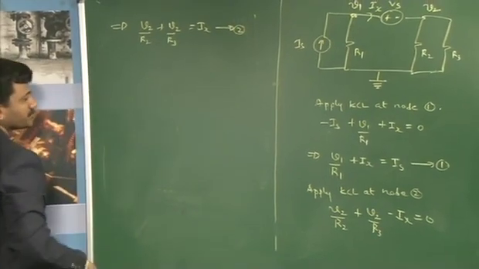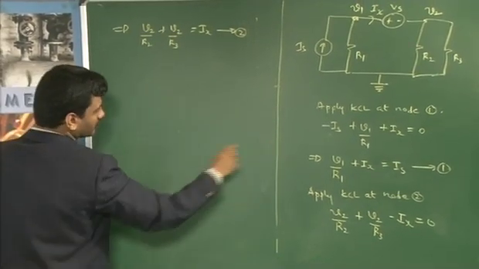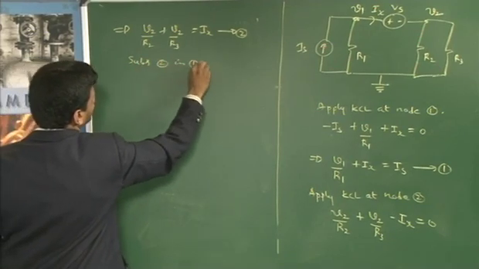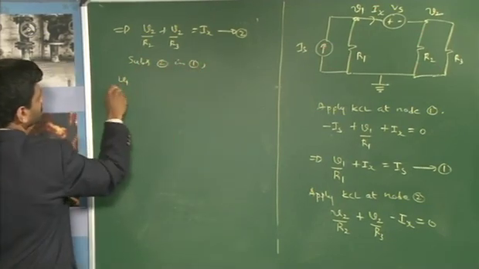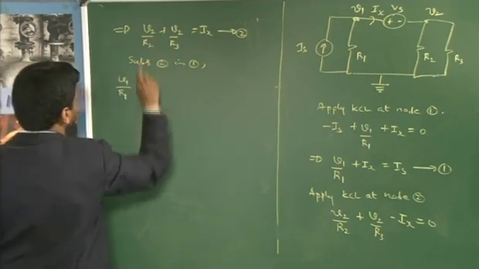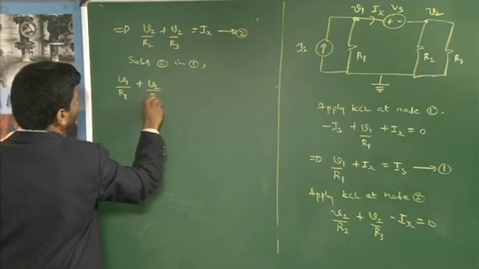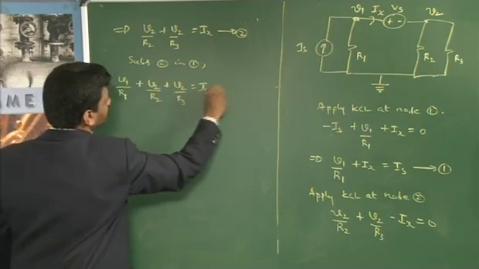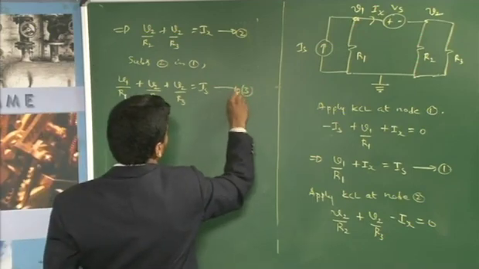But what we can do is substitute 2 in 1. Substituting 2 in 1, we get V1 by R1, and then plus Ix is there, so that will be replaced by this. So, V2 by R2 plus V2 by R3 is equal to Is, call this equation 3.